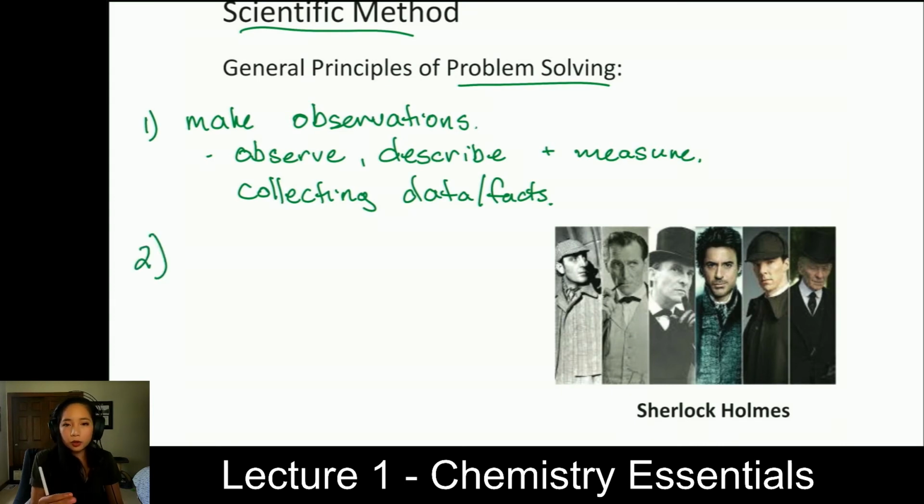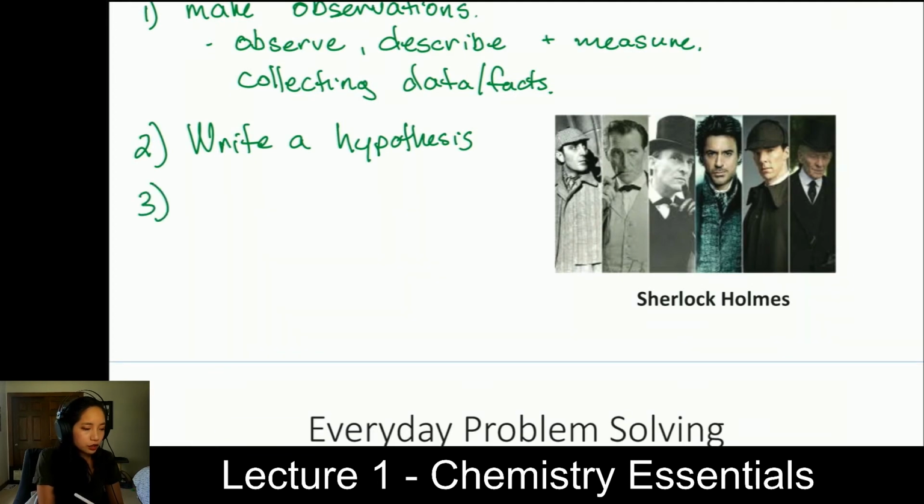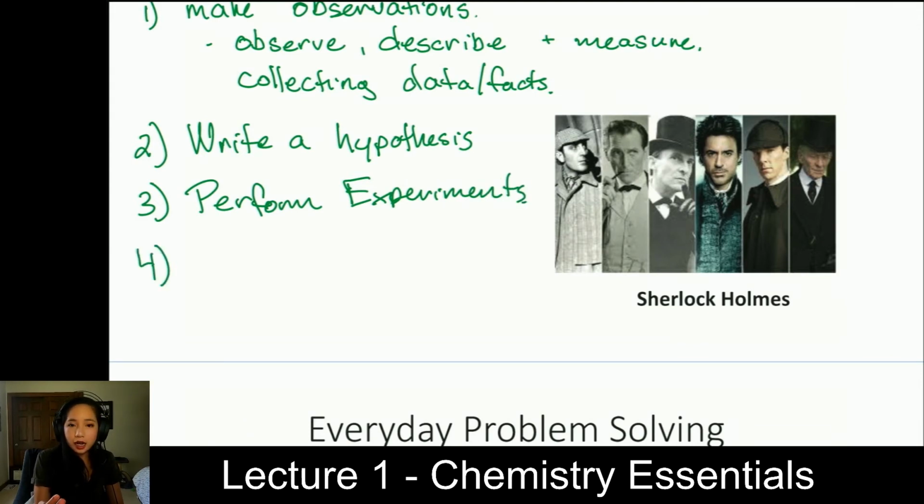The second principle or second step to the scientific method is to write a hypothesis. The third is to perform experiments to test your hypothesis. And finally, the last step to the scientific method is to propose a theory.